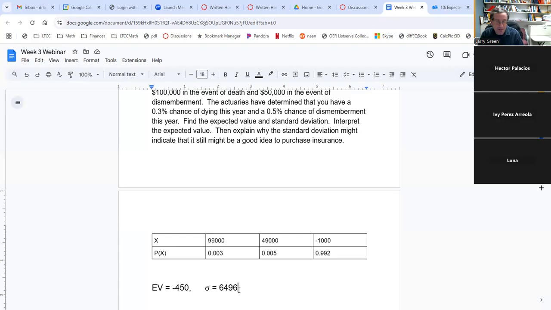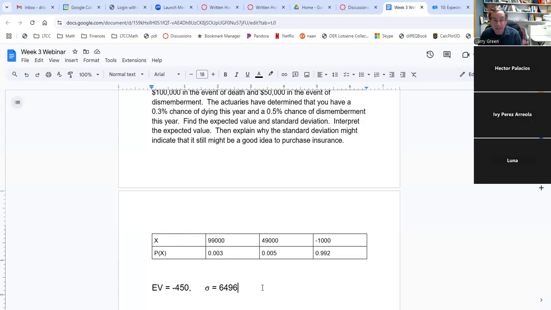On the other hand, the standard deviation is very high. So that's one of those where if you have a small child, and maybe you're the breadwinner of the family, maybe it's a good idea to buy insurance because if that very small chance of you dying happened, that child is going to really be lost.